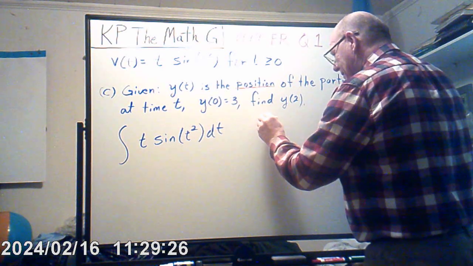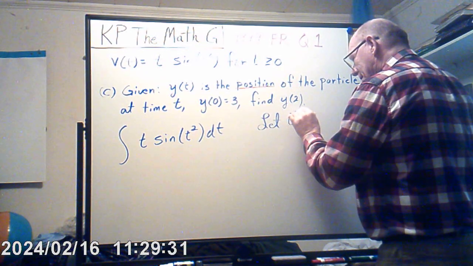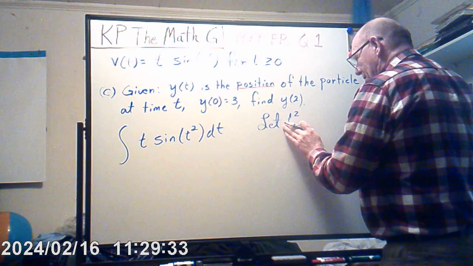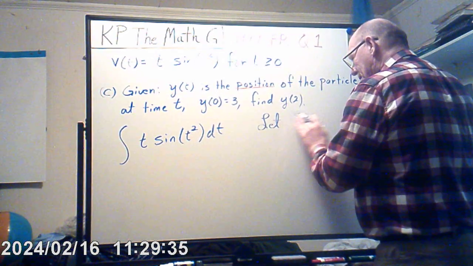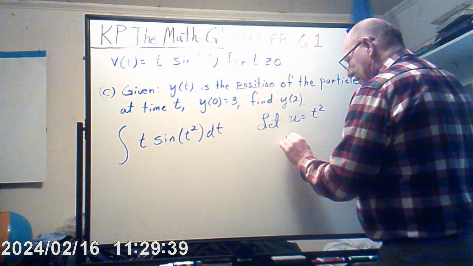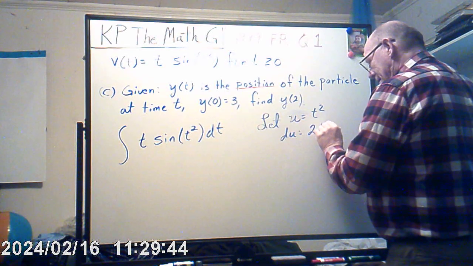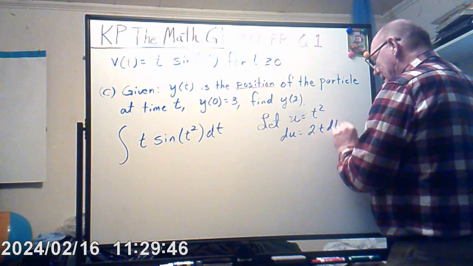So let u be equal to t squared. Then du is equal to 2t dt.